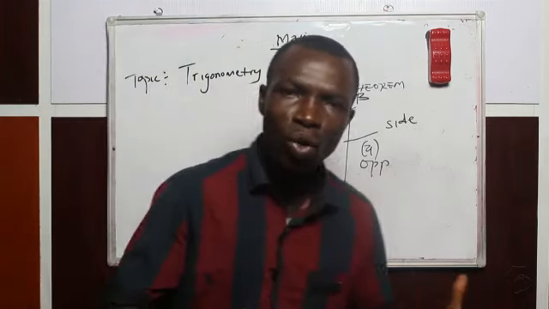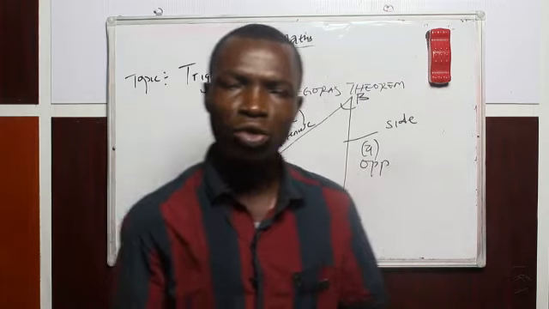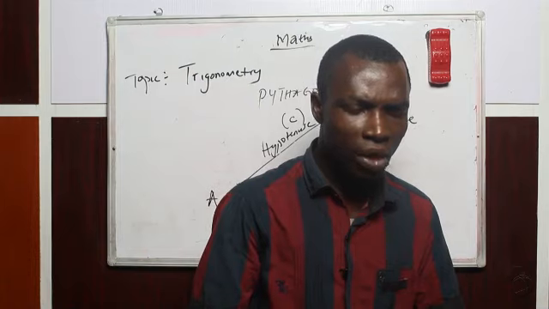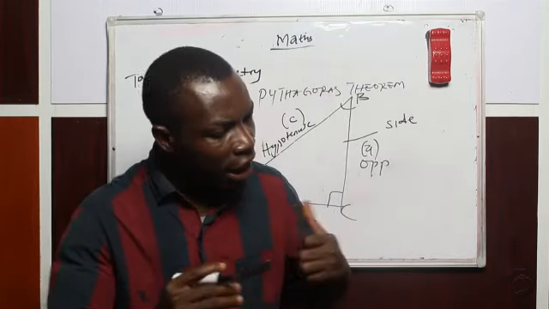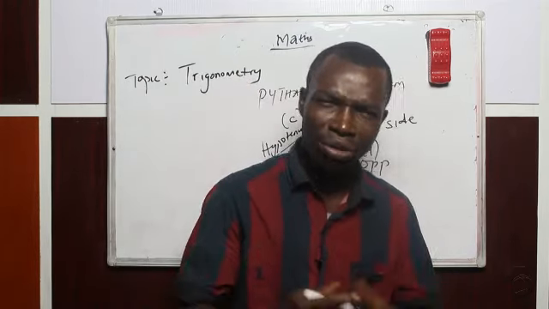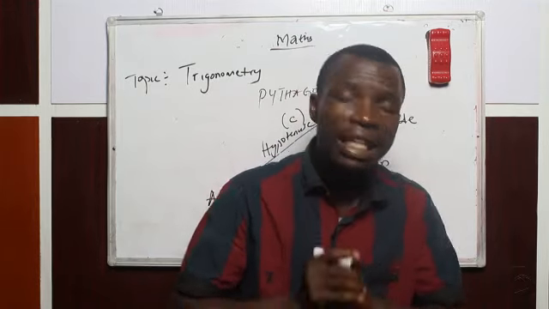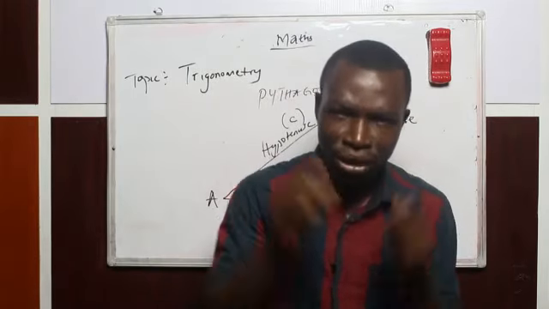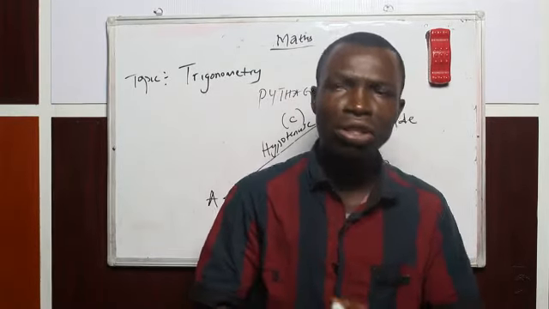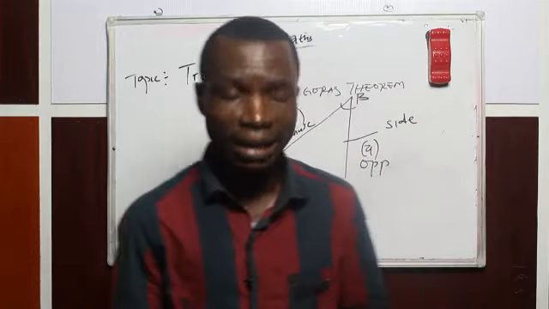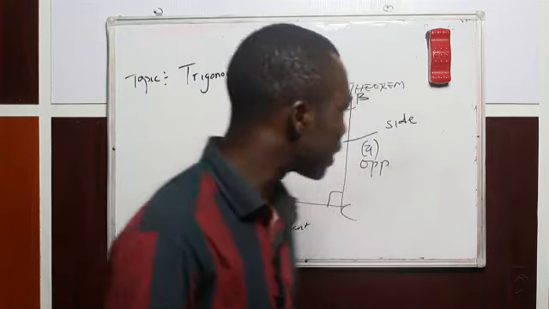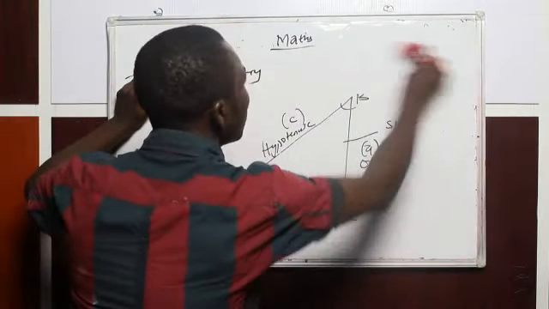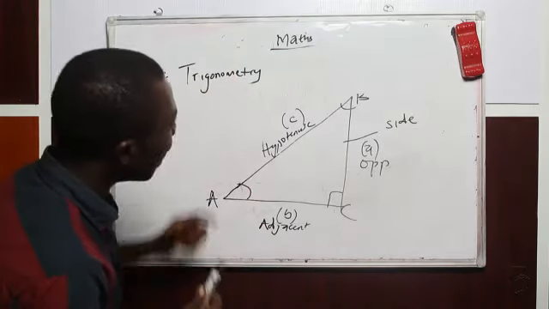Now, we have to know a few things about how to compute the side of a triangle. Pythagoras theorem gave us a law that we are using today. It states that in a right angle triangle, the square on the hypotenuse is equal to the sum of the squares on the other two sides.